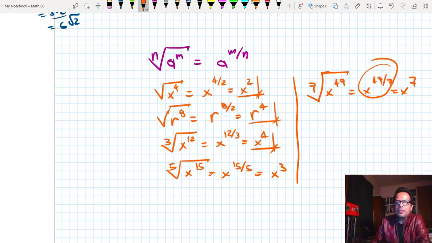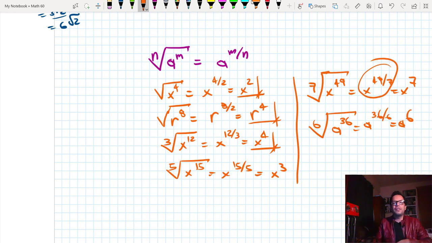How about the 6th root of a to the 36? This is a to the 36 divided by 6, which is simply a to the 6. So all we do is divide the exponent by the index, and get a perfect integer.